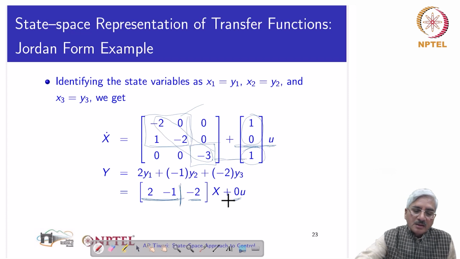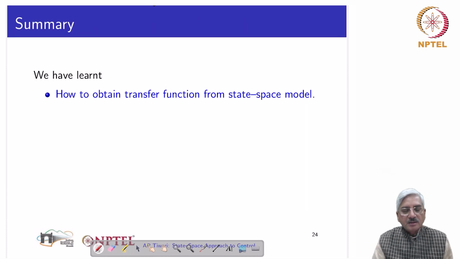So this is the way the system can be represented in the Jordan form. Now we summarize this topic: the representation of the transfer function into state space, and before that the representation of the state space model by the transfer function.